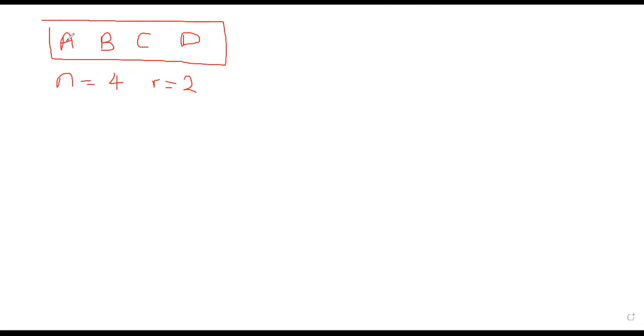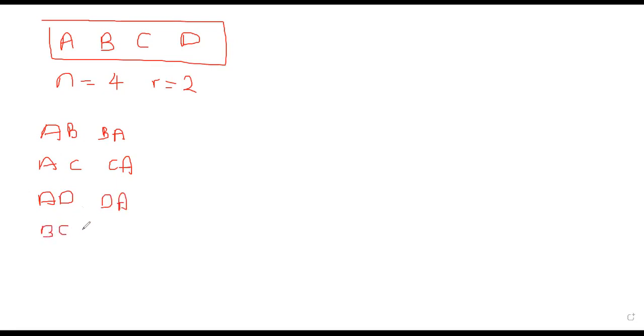Now, you need to understand that permutation is mainly about order. So if I'm going to pair this, I could have AB and BA. Those are different entries. AC and CA. AD and DA. Then you now go to B's.